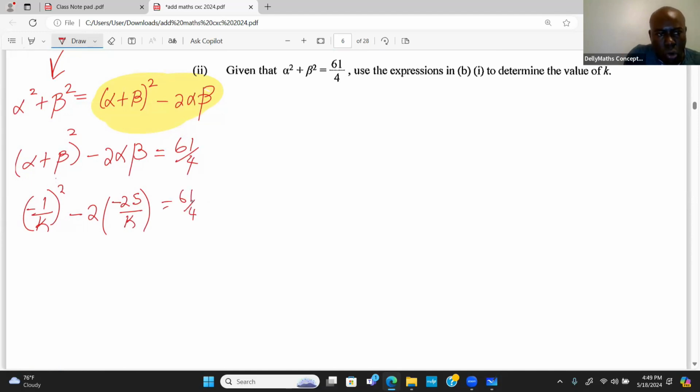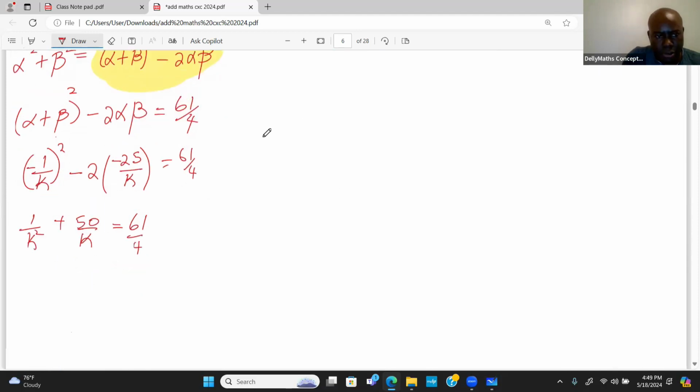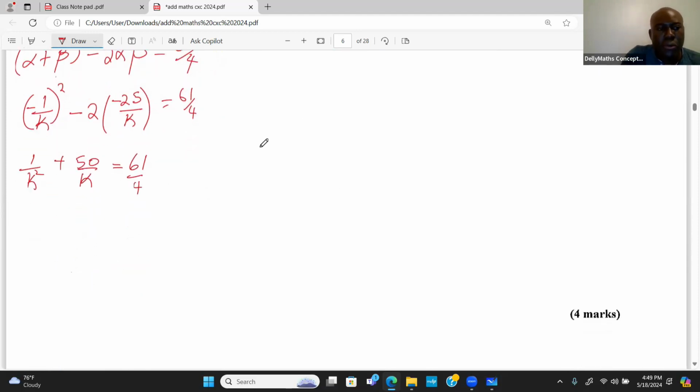Let us work these out. Whenever you square anything, it is positive, so this becomes 1 over k squared, my bad. And this part becomes positive 50 over k. This is equal to 61 over 4. So let us multiply throughout by 4k squared, so that we could cancel.